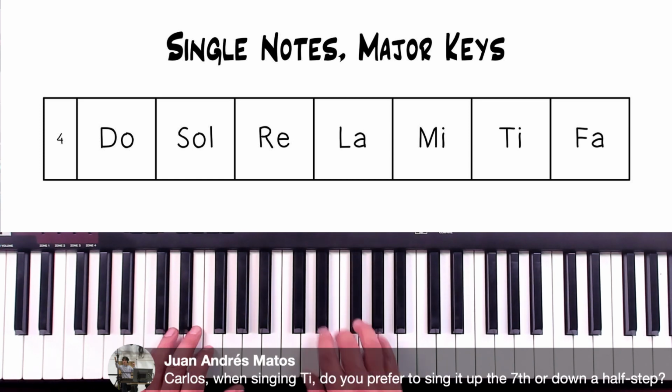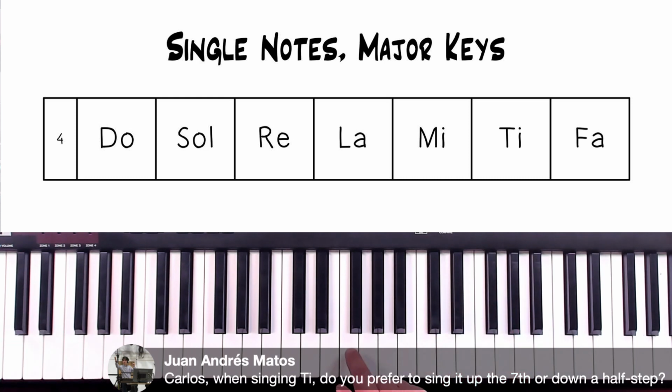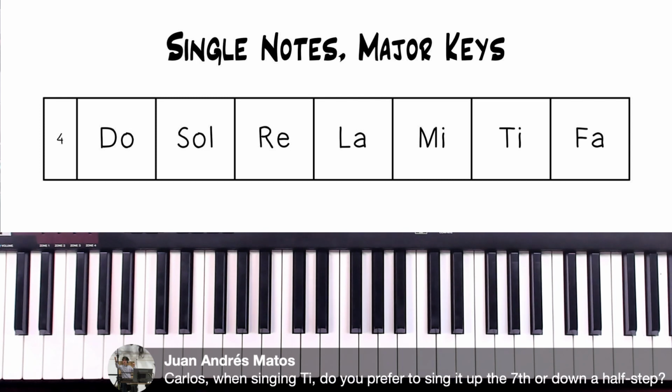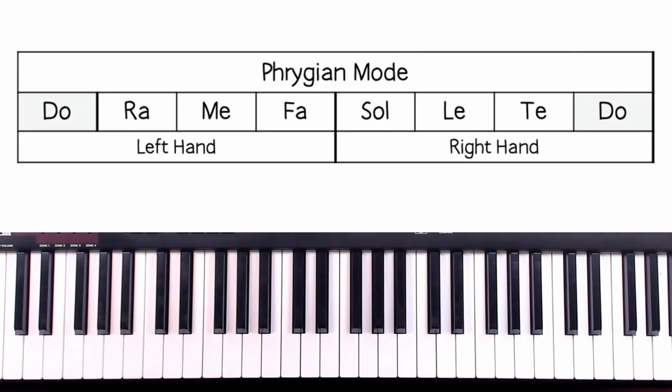Okay, I can get la, but then we don't have to. La. The color is already there, encoded in our memory, like blue, like green, like yellow, like red, and it just pops up as soon as we think about it. So that would be how I would approach our notes. Good. So now we're going to move on to Phrygian mode.